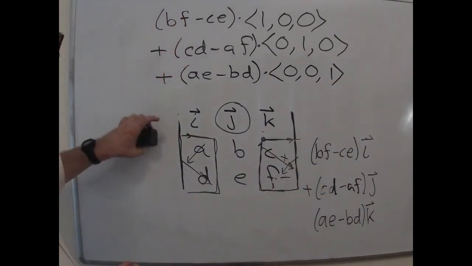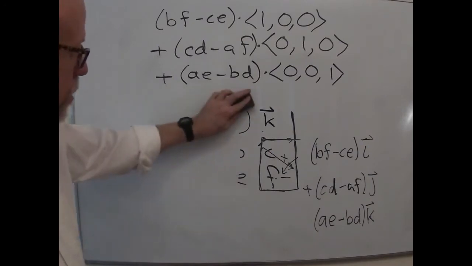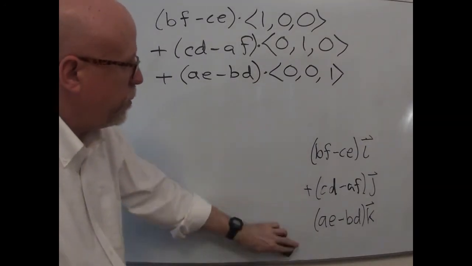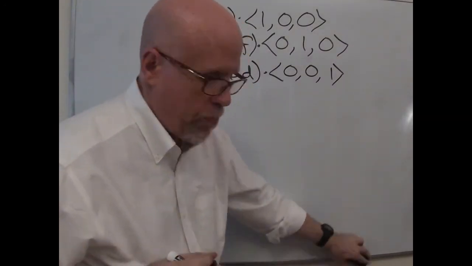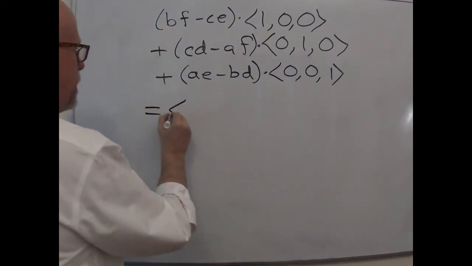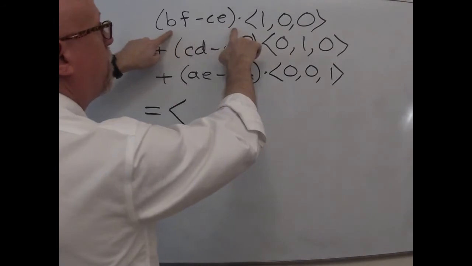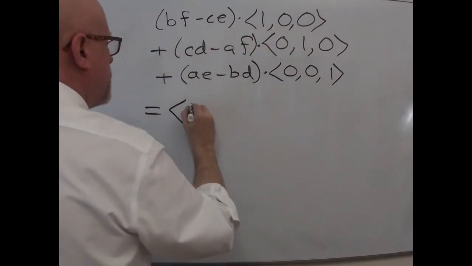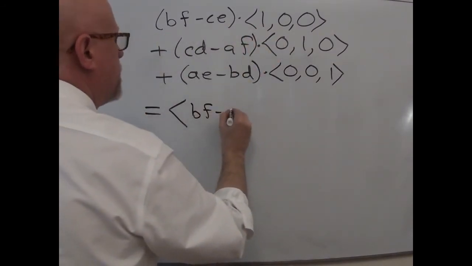As a vector, this now has that number in the first position. So it's BF minus CE.